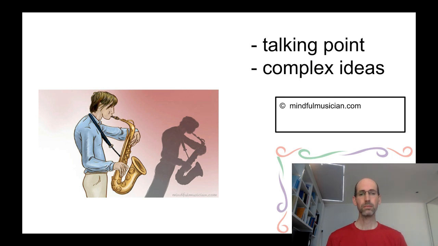Does he stand like a young person, or is there something a little bit more worrying going on? And the shadow is really interesting there. It's almost like a metaphor. It's like saying he's a shadow of the person that he could be. So I think, again, it's a good image for talking about complex ideas. Is he pulling himself down because of the saxophone? Is it because of the saxophone, or is it his own responsibility? What's going on there?